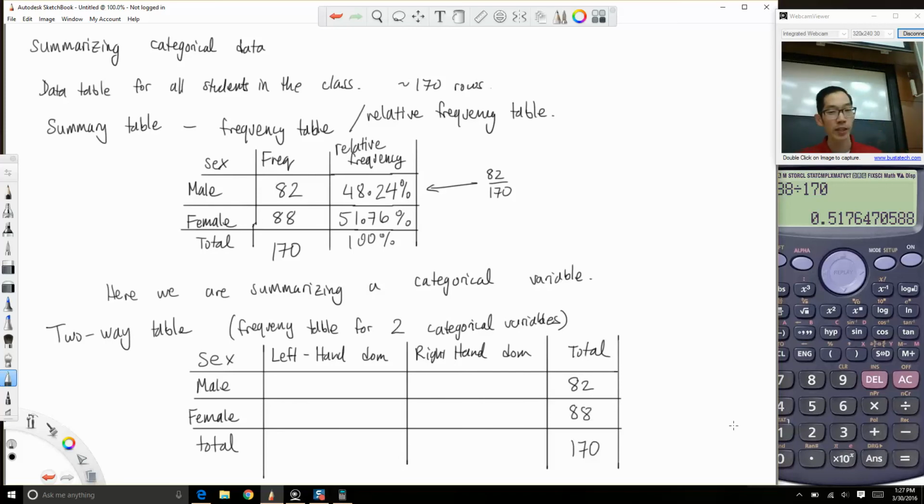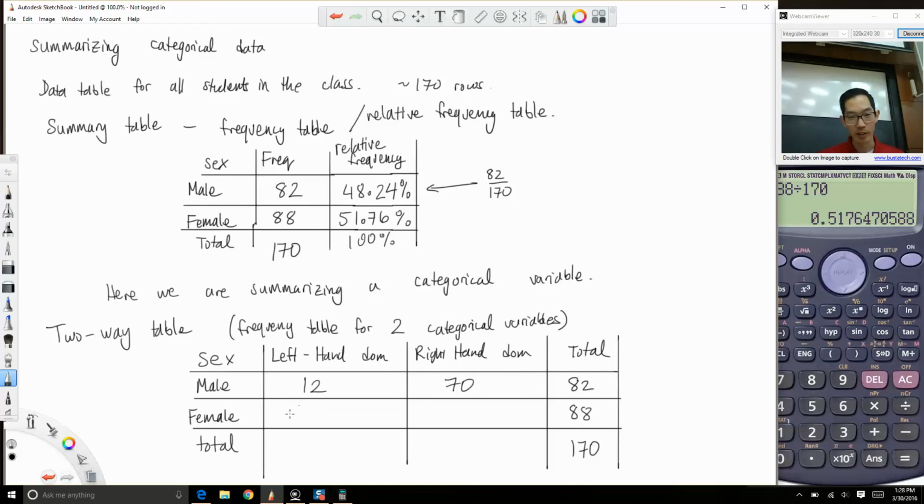The other information we don't have, we would have to go into the actual data table itself and count up. So maybe we'll go through the table and ask, how many left-handed males are there? I'm just going to make up a number, I have no idea, 12. If I put 12 here, that means I have to have 70 over here.